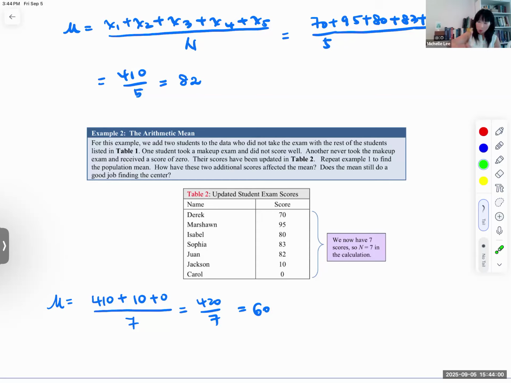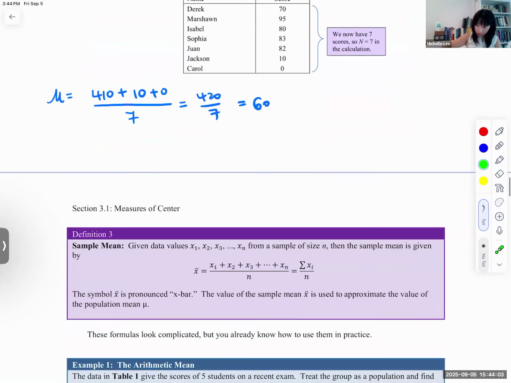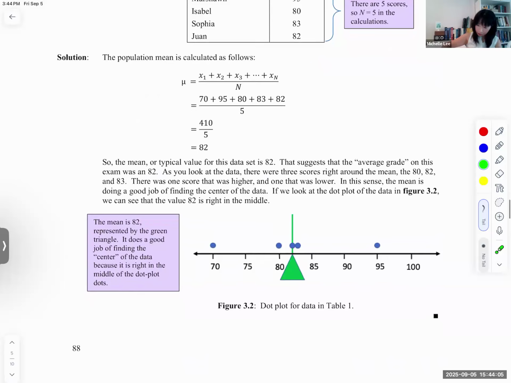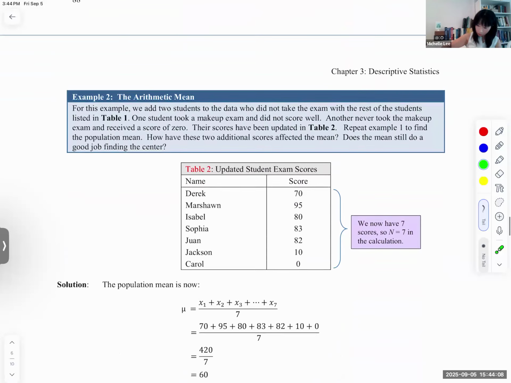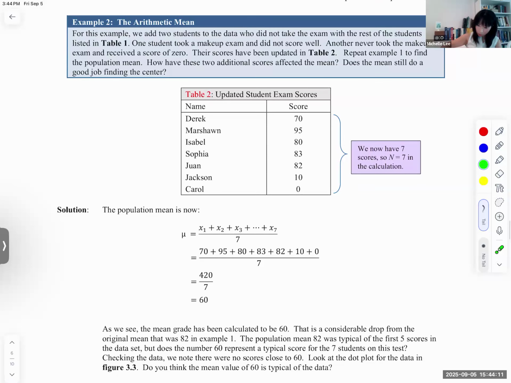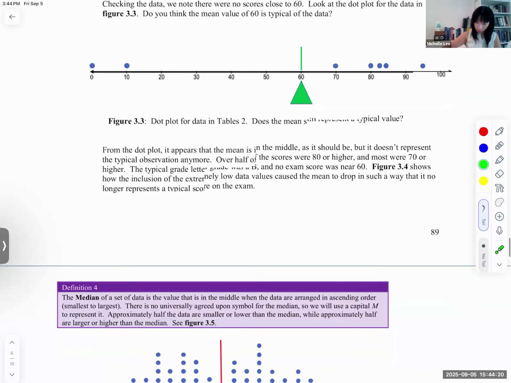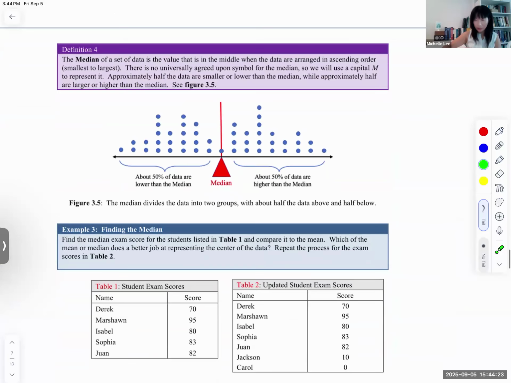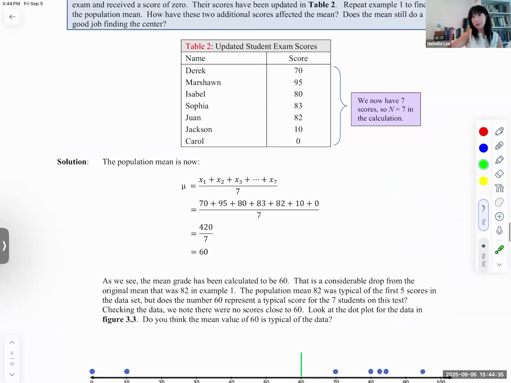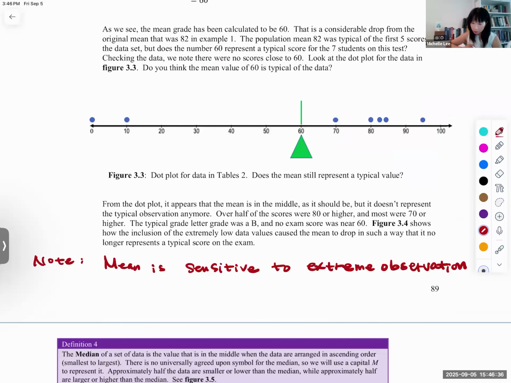So what is it telling us? Hold on one second. They are telling us the mean is sensitive to extreme observations. Let me just write it out here. Okay, I wrote down here, mean is sensitive to extreme observation.